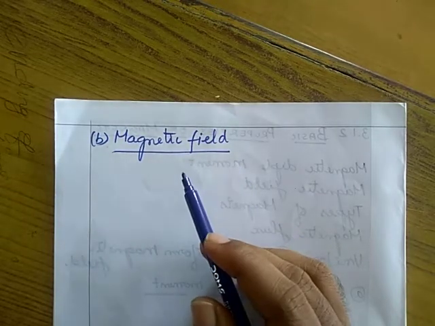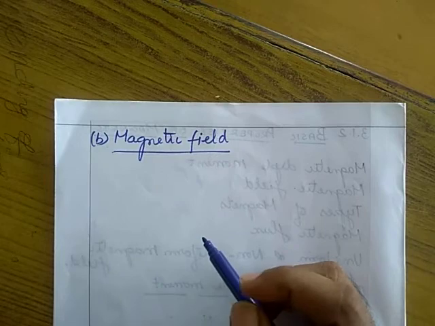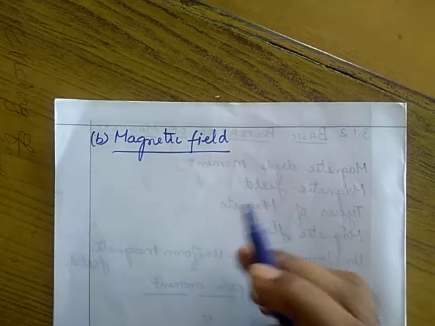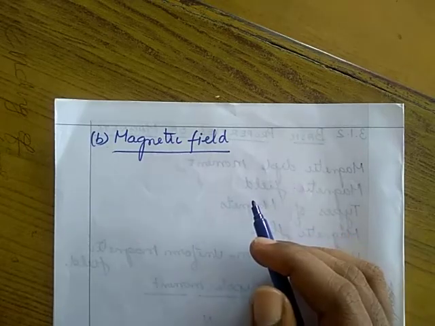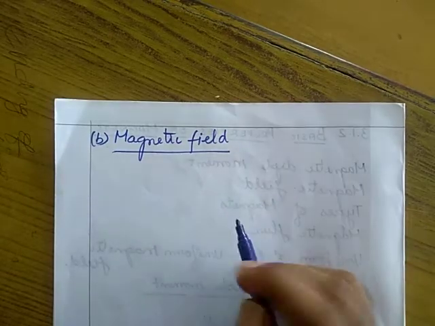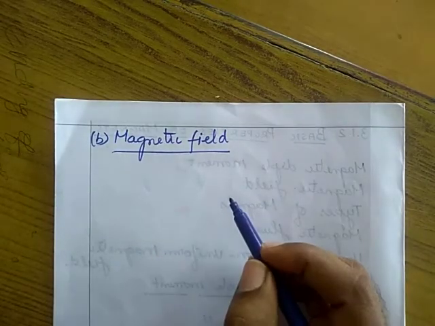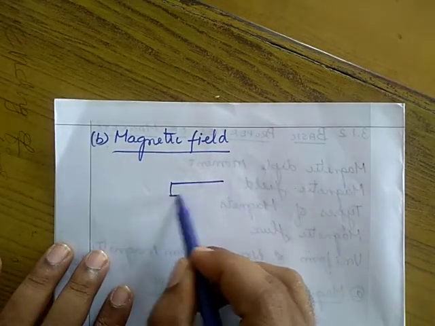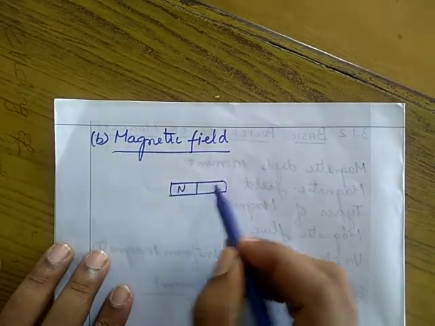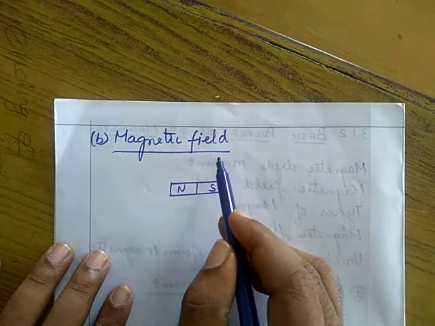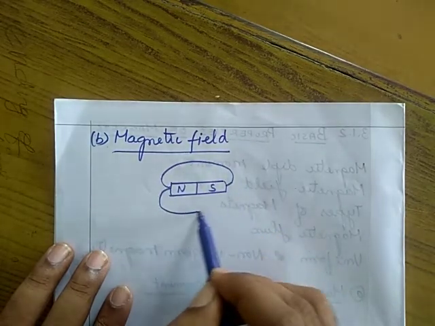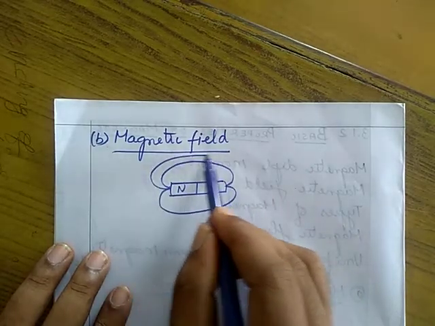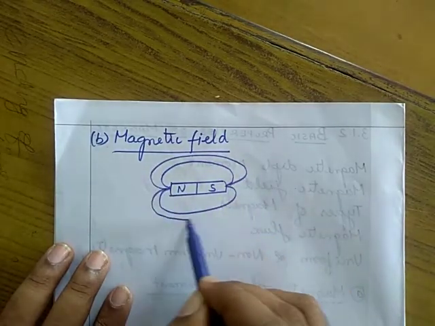Here we will see what magnetic field is. In your electrostatics you know about electric field. Electric field is a space around the charge in which a test charge experiences a force. Like that, magnetic field is a region around a magnet where a bar magnet experiences a force.